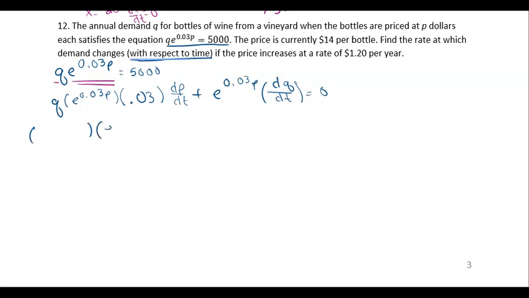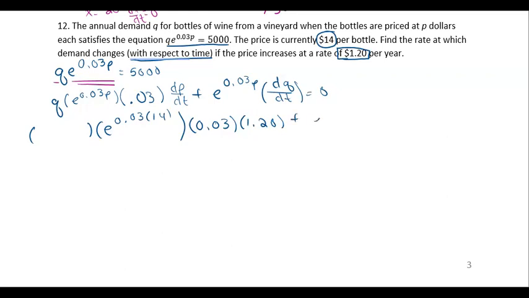I know P, so e to the 0.03 times 14, because P is 14. We're told that right here. I know that we have our 0.03 and our dP/dt. Well, that's the rate of change of the price. So that's our $1.20. All right, we've got some filled in there.